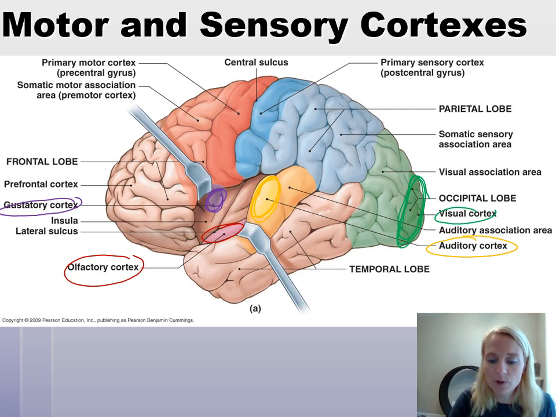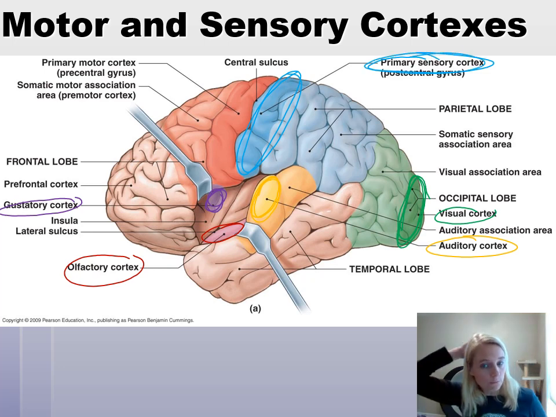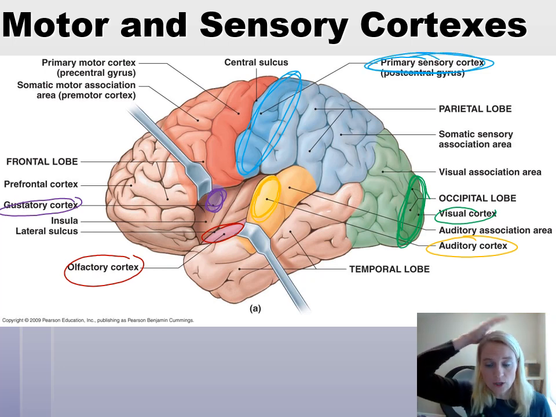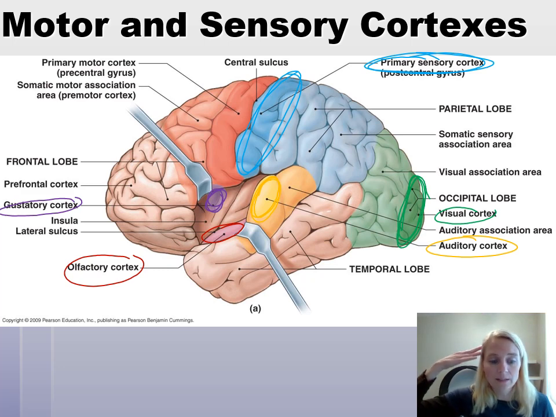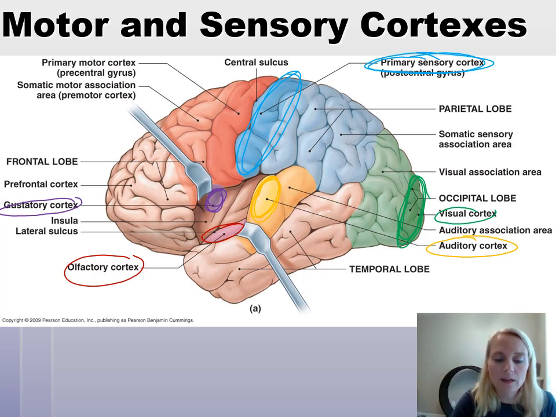And then we have primary sensory right here, that post-central gyrus. So that's all your senses coming in: visual, general sensation, hearing, taste, and smell. So that's all your sensory cortexes. And then in your frontal lobe, on that precentral gyrus, we have what's called the primary motor cortex.